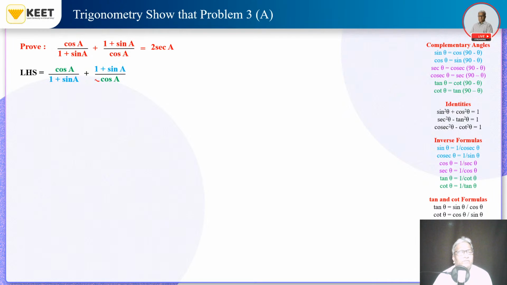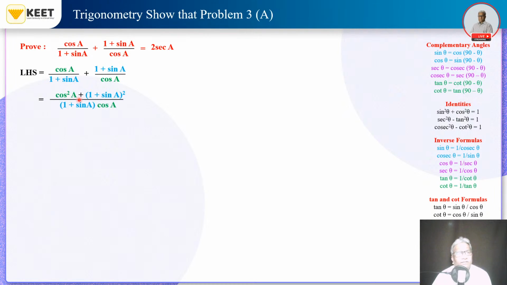So this cos A will be multiplied by cos A, then this denominator will be multiplied by this numerator, that is 1 plus sine A multiplied by 1 plus sine A, and then the entire denominator will be multiplied with cos A in the denominator. So this is called triple multiplication.